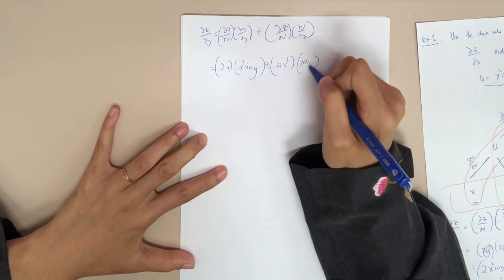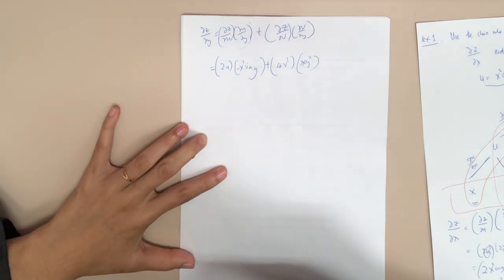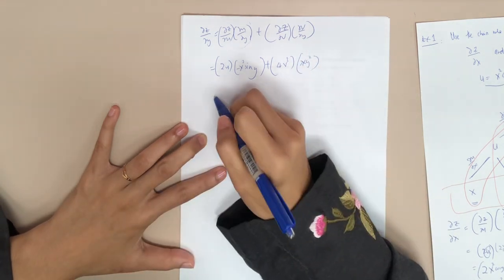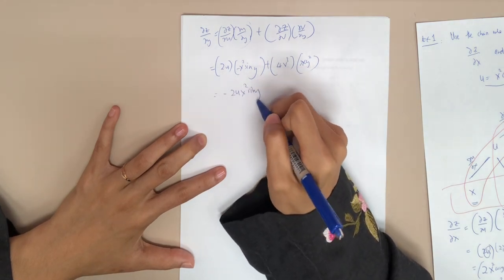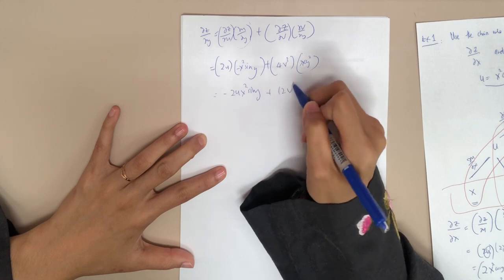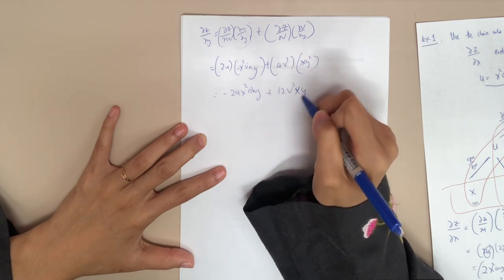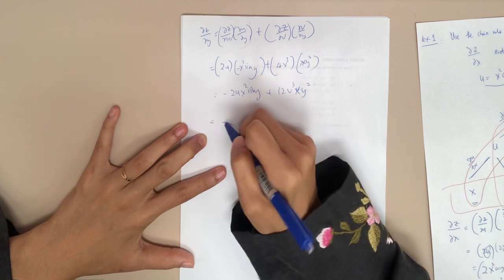3xy². Okay, 3xy². So simplify first. Okay, so negative 2ux² sin y plus 12v³xy². So you do the same thing.